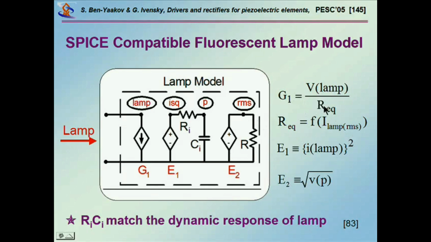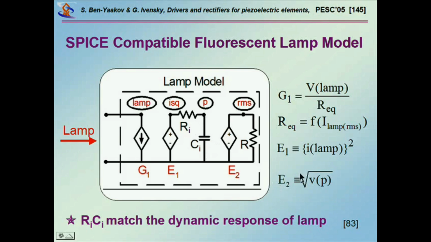Now, the value of this thing you can find by looking at the current of the lamp, squaring it here, filtering it out, this is actually doing RMS. If you square and filter, it's actually doing the average power.